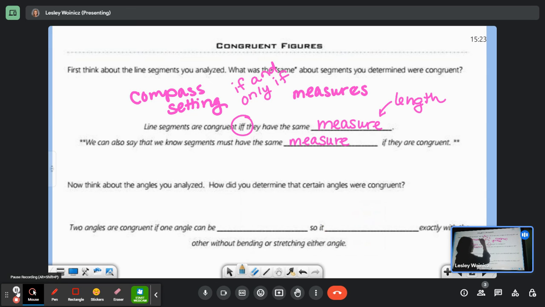All right, so think about the angles that we analyzed. How did we determine that certain angles were congruent? Well, we had to measure them, right? We used auxiliary lines and protractors. What else did we do after I remembered?